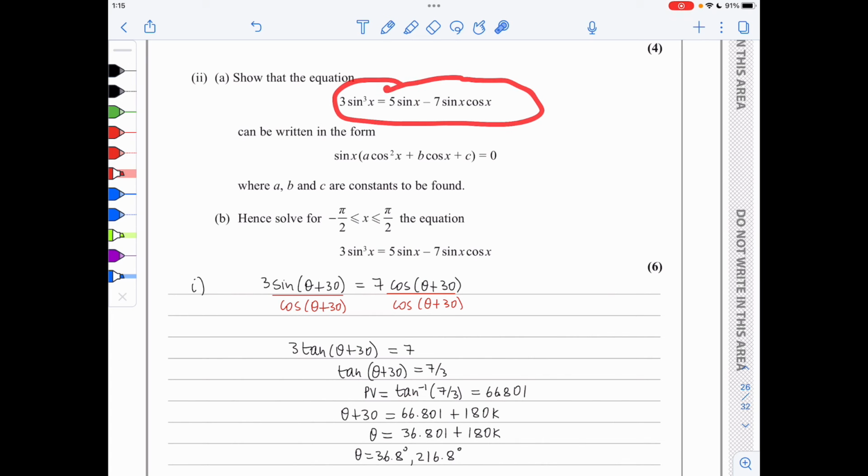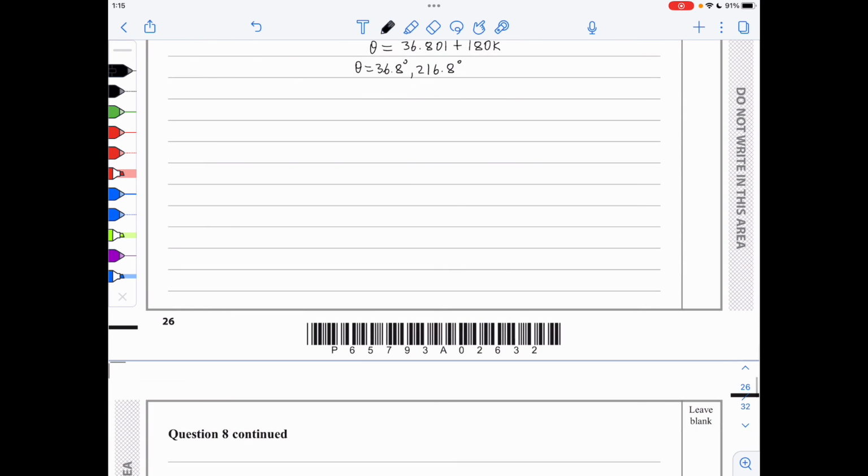In II, we need to show in the first part that the equation 3 sine cubed x is 5 sine x minus 7 sine x cos x can be written in this form. So I will start by writing out the equation as it stands. We've got 3 sine cubed x is equal to 5 sine x minus 7 sine x cos x.